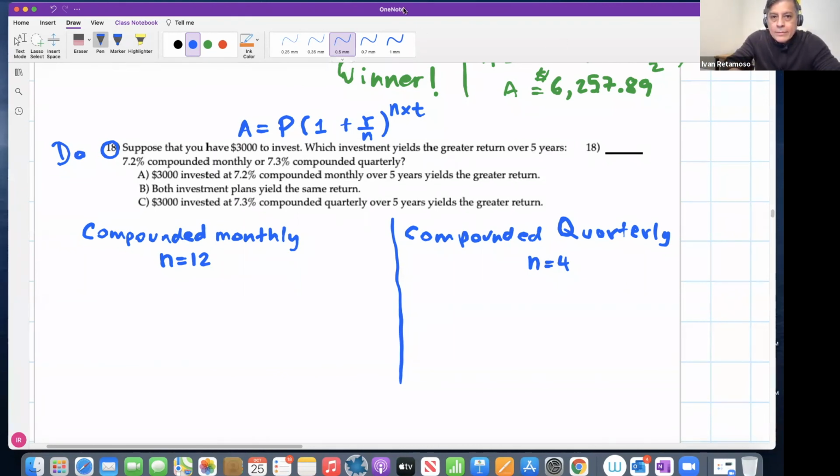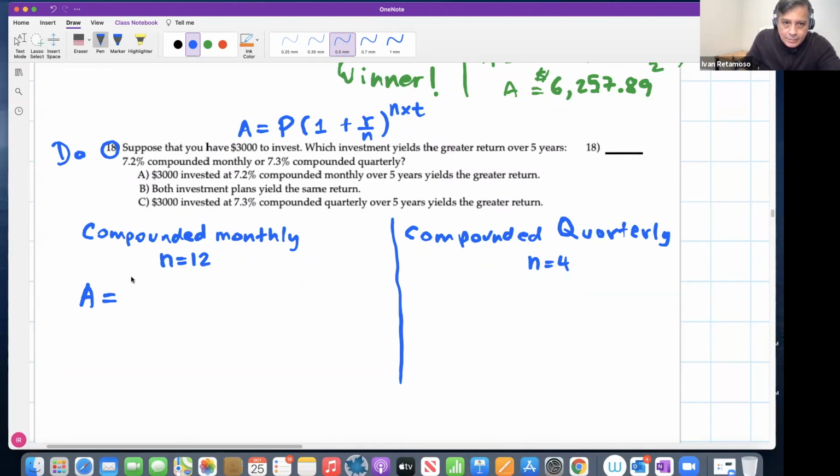Okay, guys, let's do it together. It's a little bit long. Remember, this will serve you for your special assignment too. The first option for investment is interest compounded monthly, right? N equals 12. Let's see how much money we would get out of investing following this.